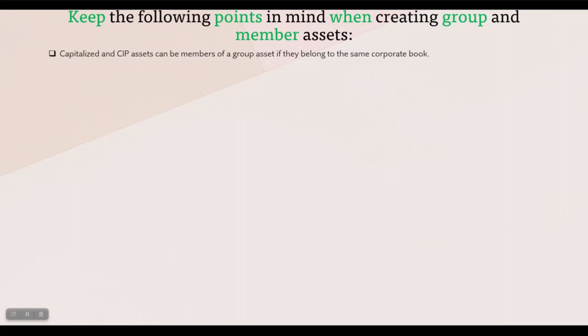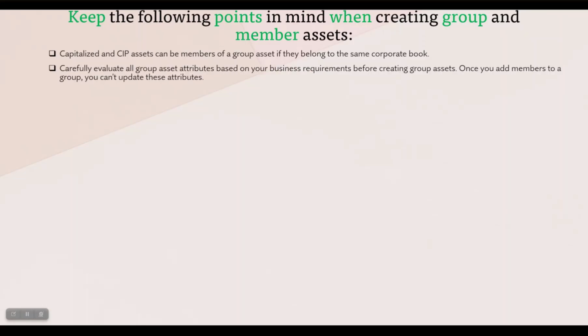As you know, we have two types of books, corporate and tax. Carefully evaluate all group asset attributes based on your business requirements before creating a group of assets. Once you add members to a group, you cannot update these attributes, which we will see later.